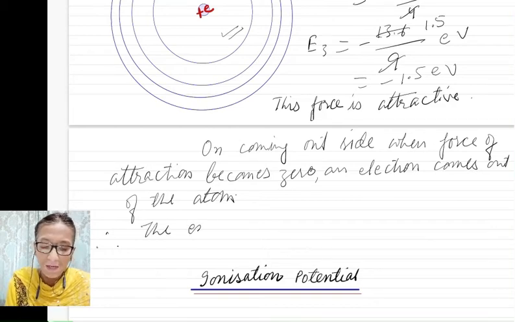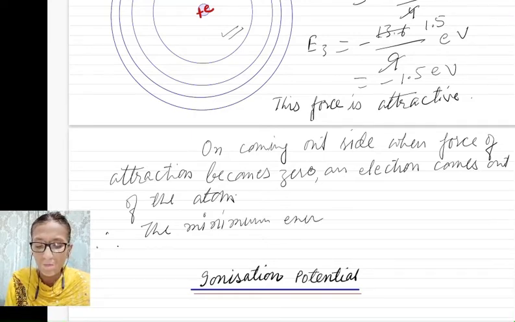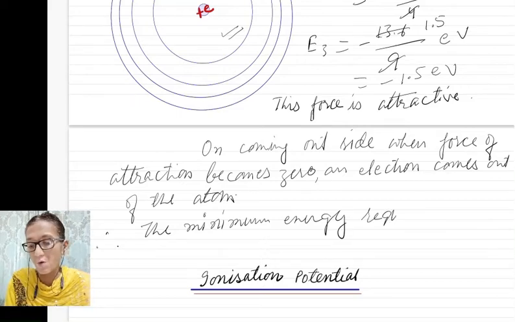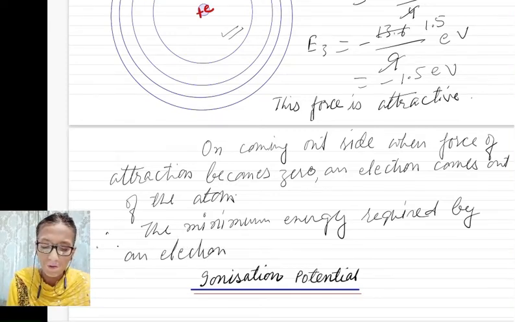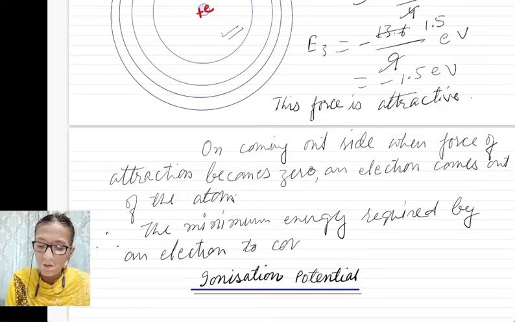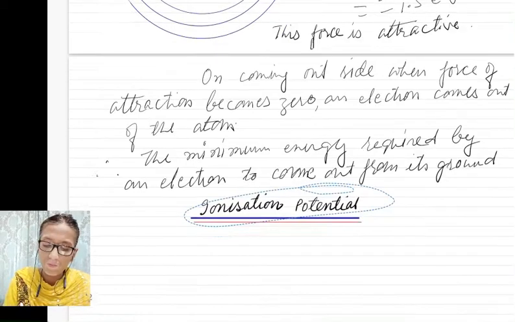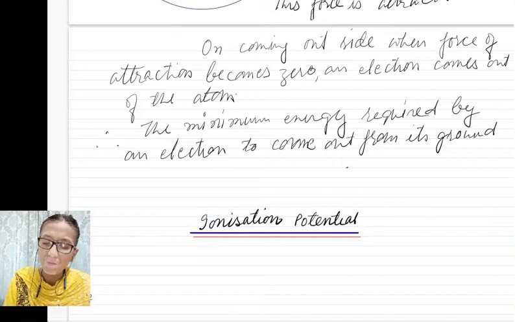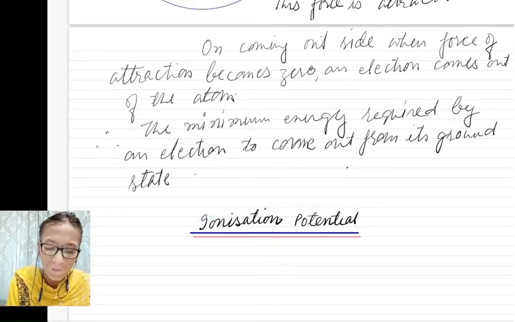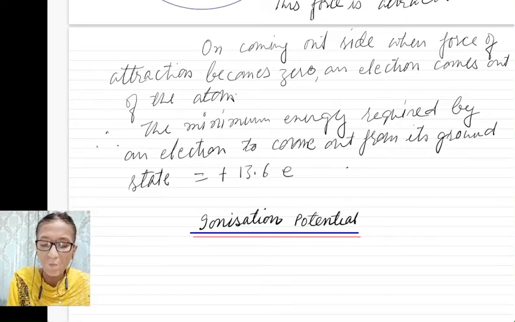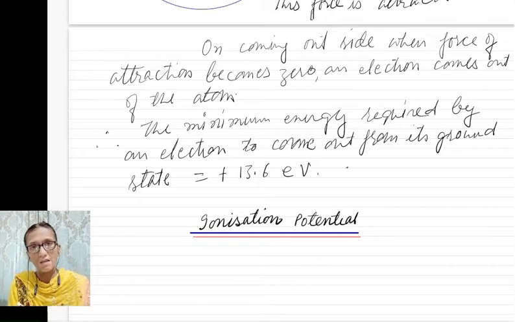Therefore, the minimum energy required by an electron to come out from its ground state is equal to plus 13.6 electron volt, and this is called ionization potential.